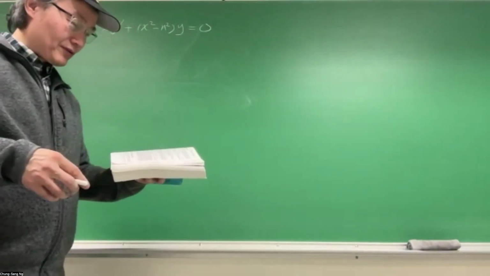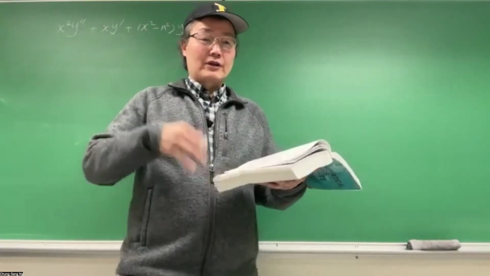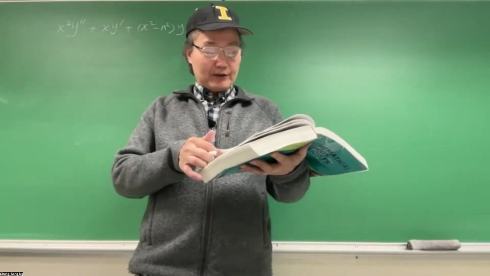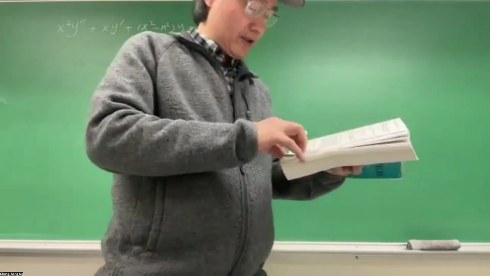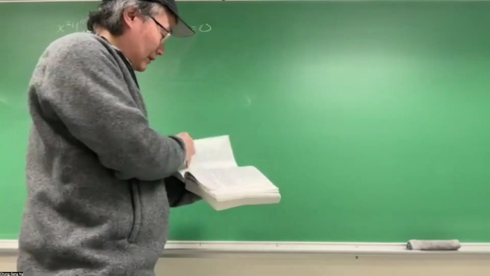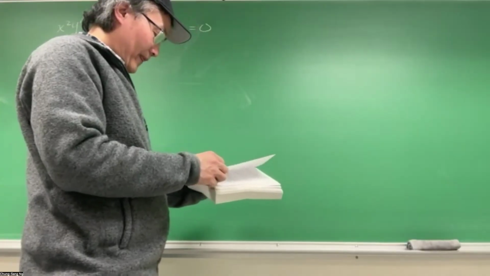But we'll see after we get the recurrence formula between the coefficients of the power series, then we can look at the convergence and see what the range of convergence of the series is.